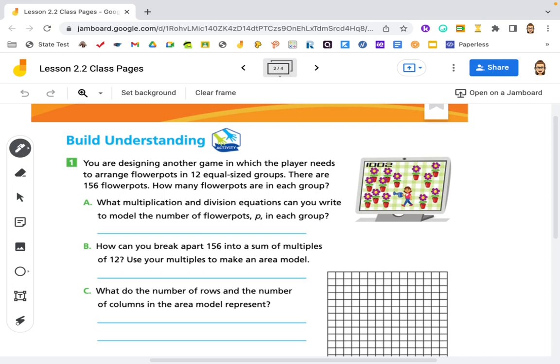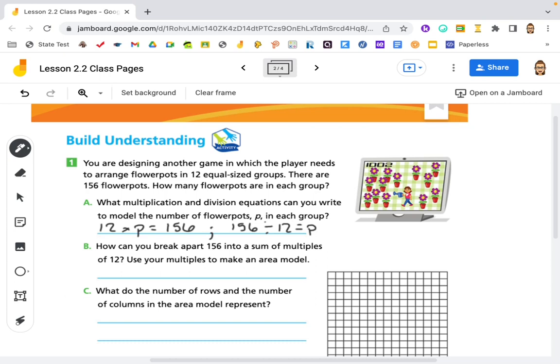Well, there are 12 groups, but we don't know how many are inside each group. So 12 times P equals 156. So that then means that we would do 156 divided by 12 equals P.